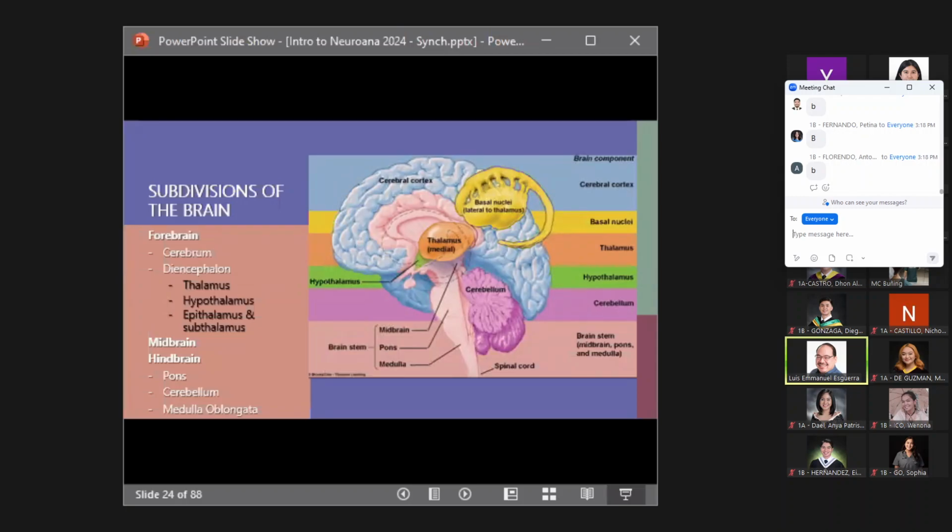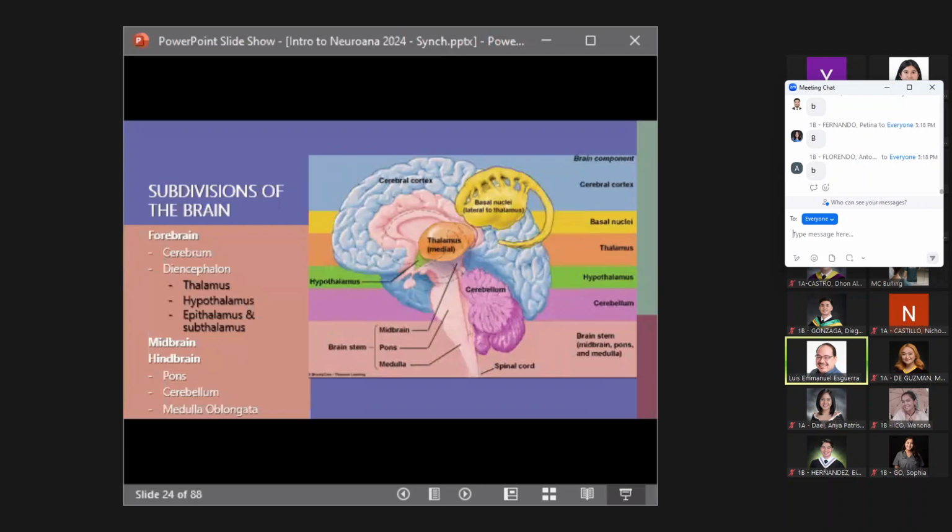But the main bulk of the diencephalon is really the thalamus and the hypothalamus here in this picture. Okay, so that's forebrain. The midbrain connects the forebrain and the hindbrain.